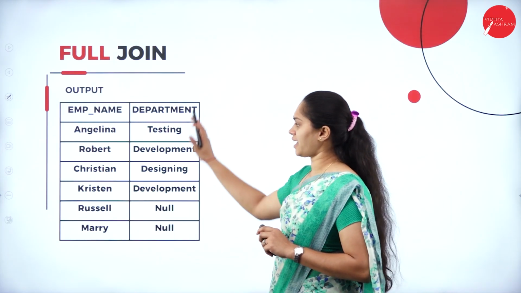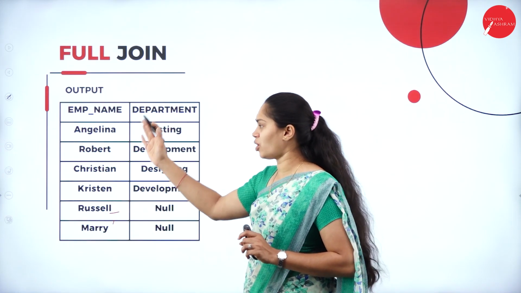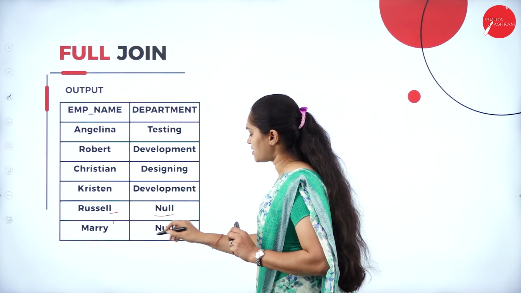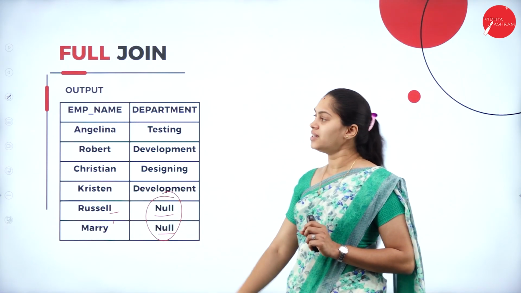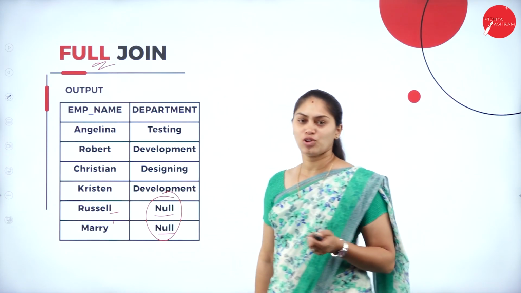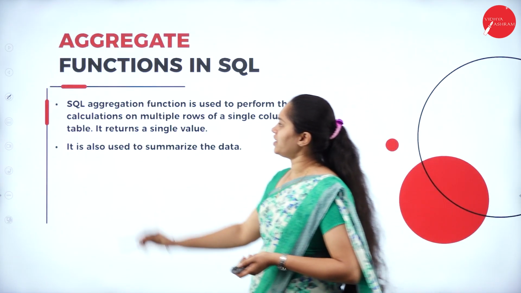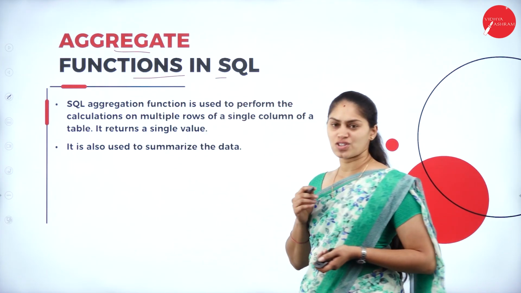Then it will be like this. We didn't find any match for Russell and Mary in the project table. That's why it's written as null. Okay. This is how we are going to get the output for this full join. I hope you all understood regarding this join class. We'll go to the next one, that is aggregate functions.